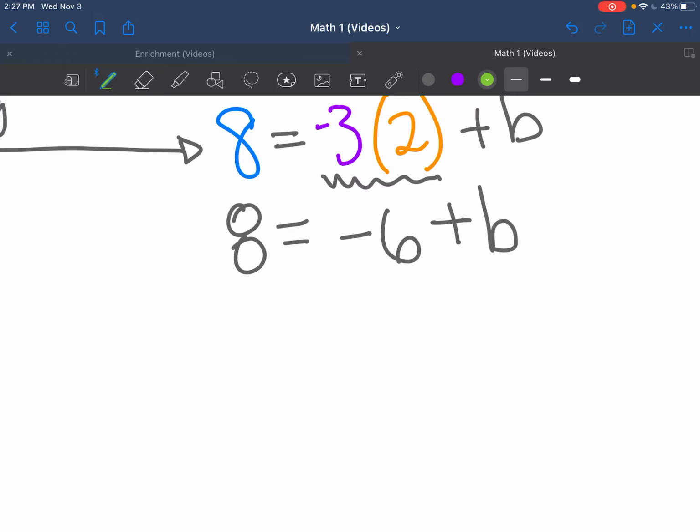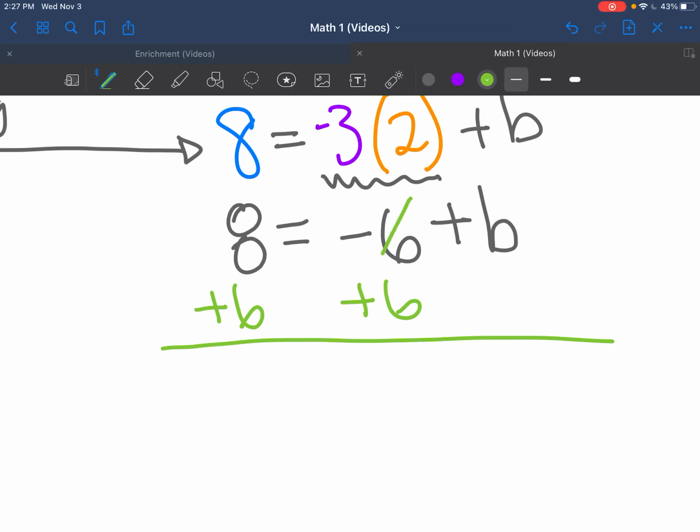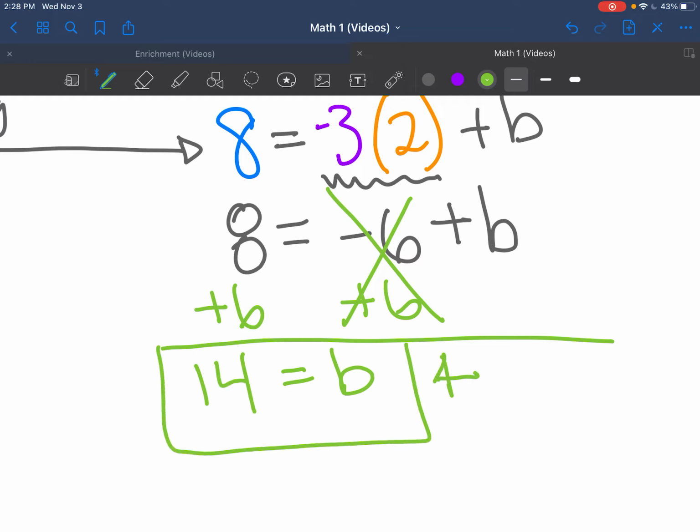So what happens to this -6 is we add that 6 on both sides, right? It's going to the dark side. And if 6 goes to the dark side, well, he's no longer a Jedi. He's no longer on the right side of this equation. So what we're left with is a b. But I can do the math and figure out 8 plus 6, which is 14. And that 14 is our y-intercept.